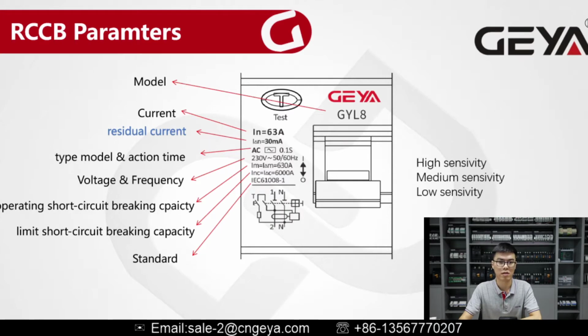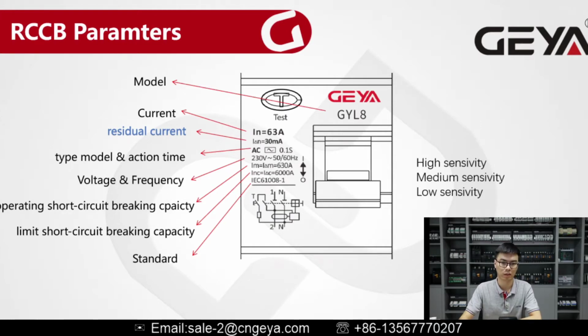And below the residual current, you can find the working type and the action time. This item is AC type. We also have some different types of the working model, and the action time is 0.1 second.